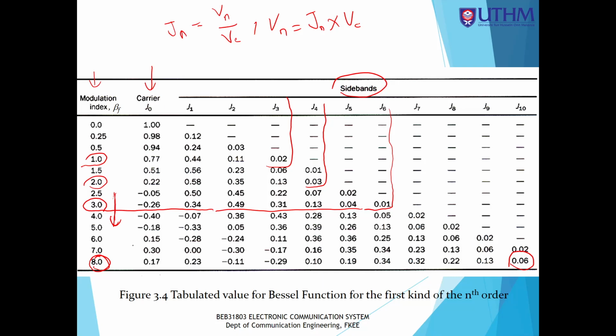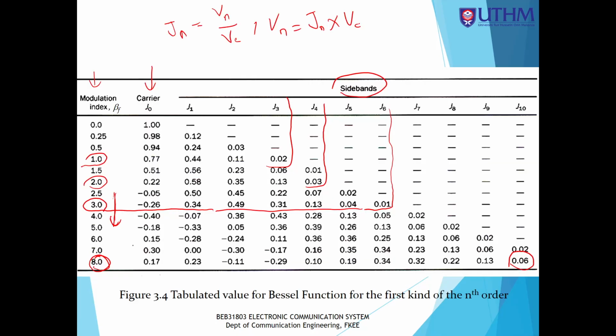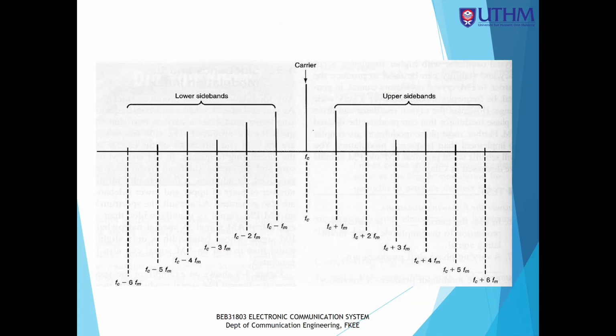Okay, and the way we want to draw the spectrum, how can we see the spectrum? So the spectrum looks like this. For example, beta is equal to 3.0, and according to the table, it is up to 6 pairs of sideband, so 6 pairs of sideband. Okay, so how can we draw the spectrum?